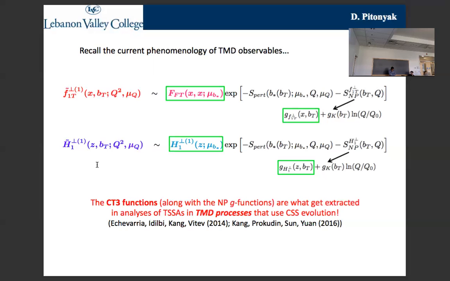We parameterize it such that the collinear piece is the Qiu-Sterman function. And then the exponent, the Gaussian that's sitting there, is normalized so that, by construction, it always gives you back the collinear function.